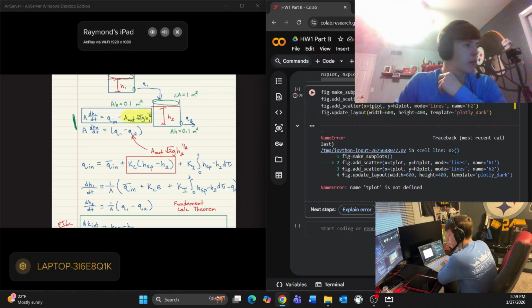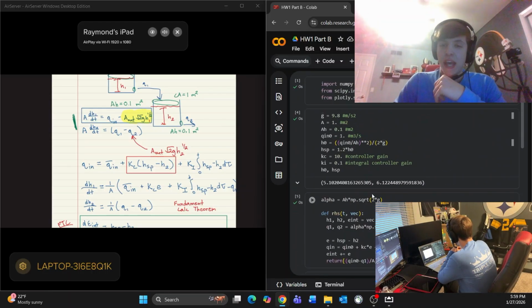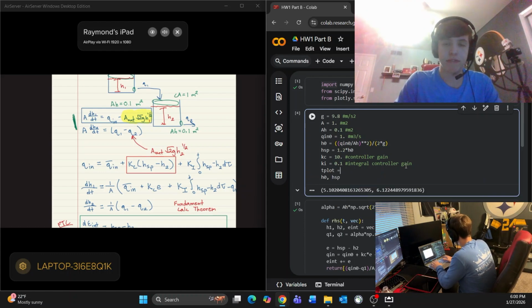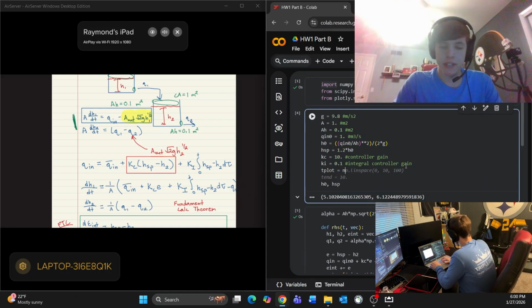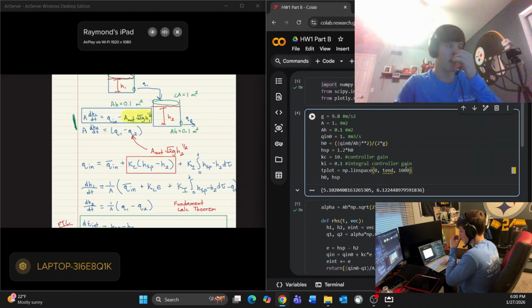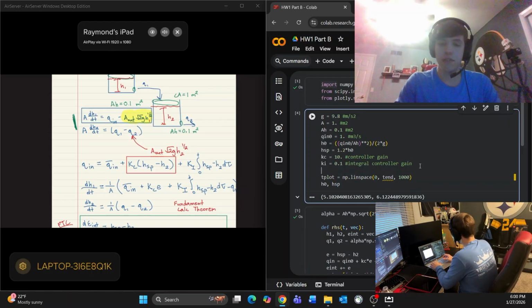Looking back through, we actually did miss it because we didn't define it up here. We need to define our tplot, which is np.linspace, and this will be 0 to our tend, and we'll assume 1,000 values for this problem. Now what we also need to call out here is our tend, which we will set to 1,000.